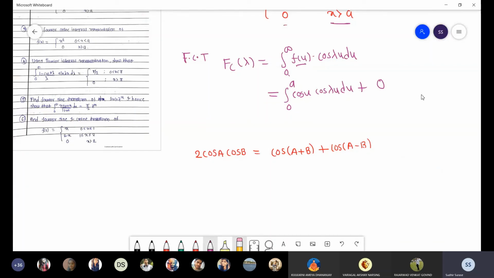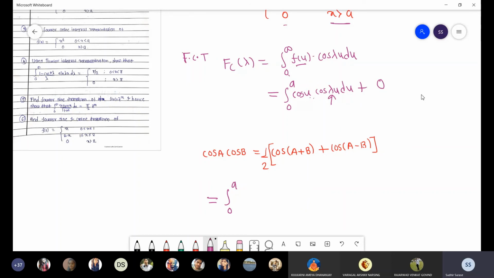So instead of writing 2 here, I will write 1 upon 2 on this side, and so the last integral becomes integral 0 to a, using this formula for cos a cos b. Here we identify a as lambda u instead of u, because I want the lambda minus 1 and lambda plus 1 terms. So I consider lambda u as a and u as b.